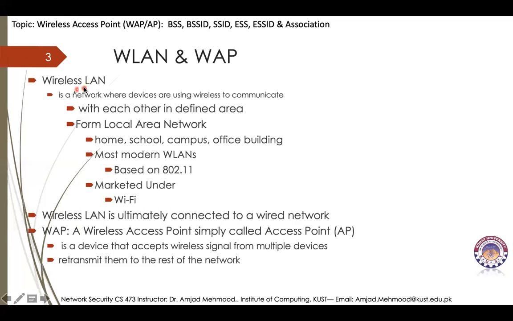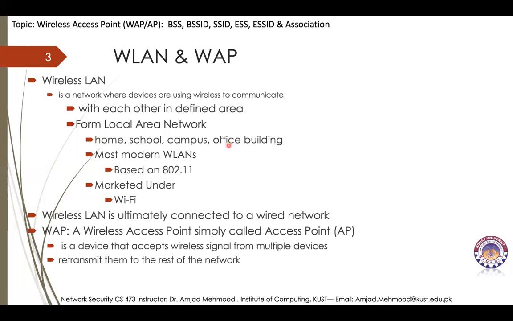So wireless LAN. Wireless LAN is a network where devices are using wireless to communicate. As its name indicates, devices will be communicating wirelessly with each other in a defined area. So there will be a defined area for a local area network, like, for example, homes, schools, campuses, or office buildings.